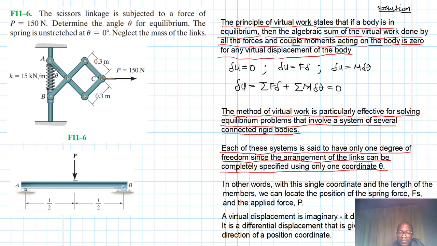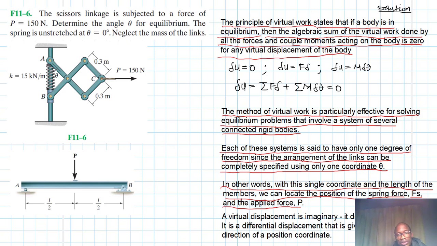With this single coordinate and the length of the members, we can locate the position of the spring force, in this case Fs. We can also locate the position of the force P using the coordinate theta, and hence it qualifies to be called a single degree of freedom.